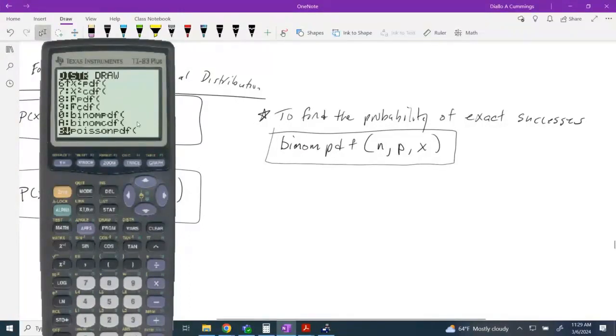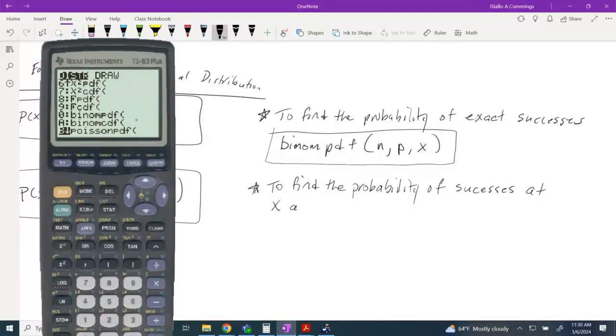You're going to use a binomial CDF to find the probability of successes at X and below.